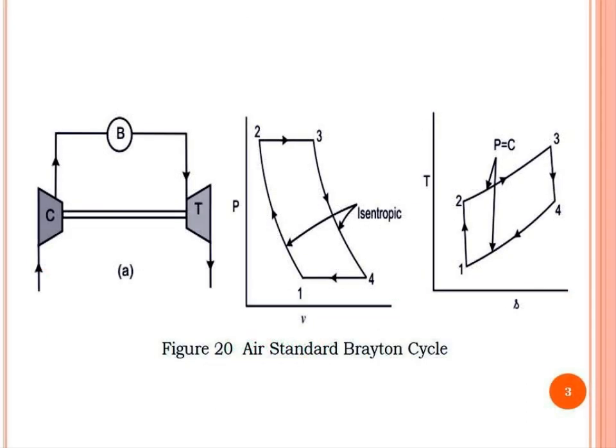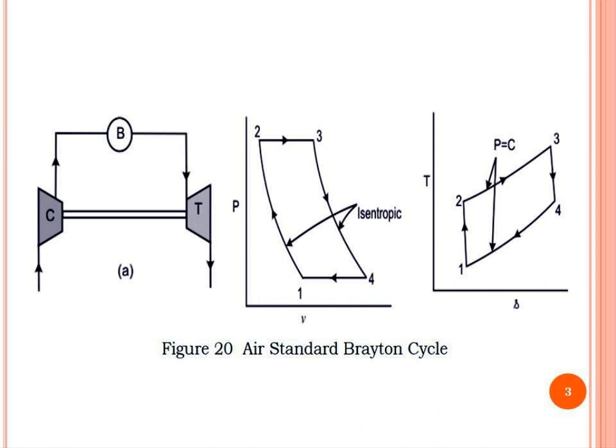So now friends, you can see the schematic of the open cycle gas turbine power plant with PV and TS diagrams. In an open cycle gas turbine power plant, you find three major components: one is the rotary compressor, second is the combustion chamber, and third is the rotary turbine.